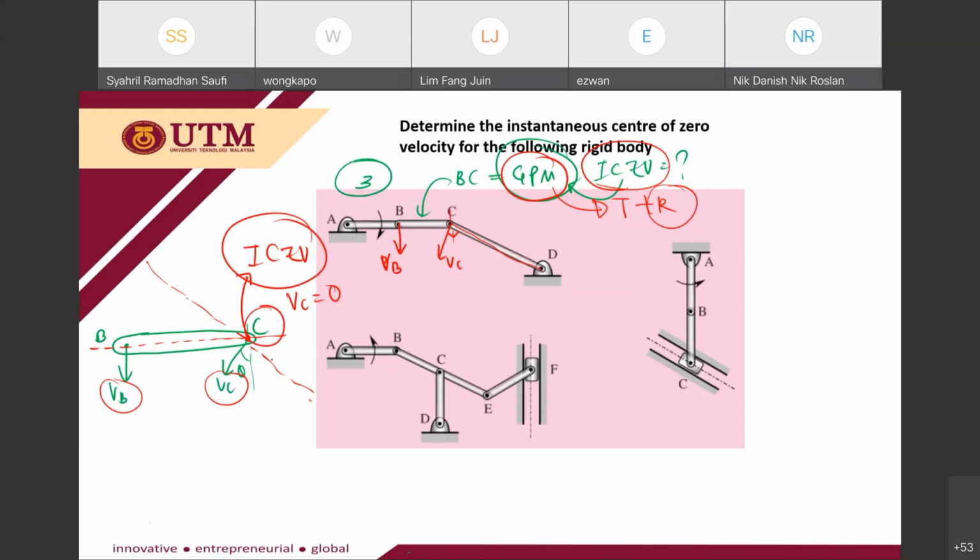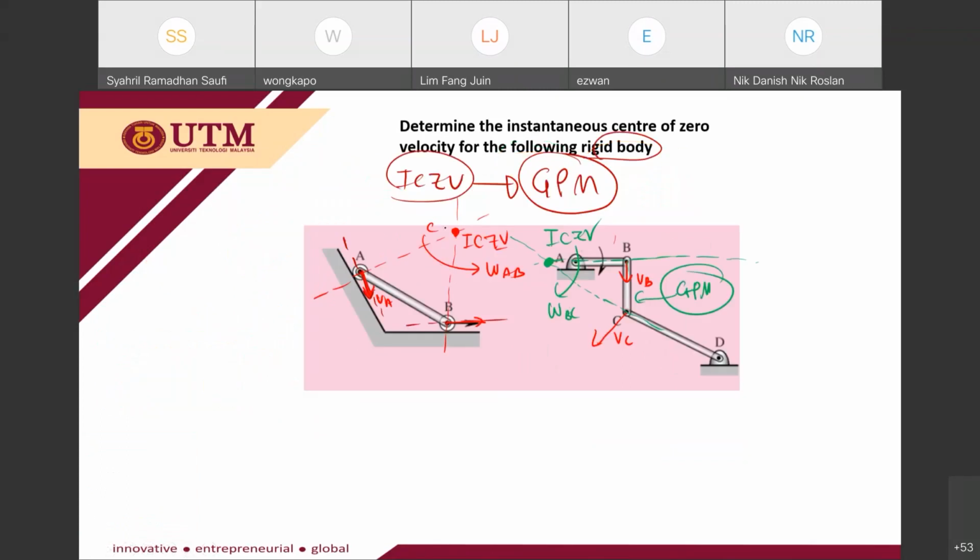At the center of rotation, your linear velocity will become 0. We will look into that when we do the analysis after this. Okay, so we go on. If you notice from the previous example, your center can be outside the rigid body.